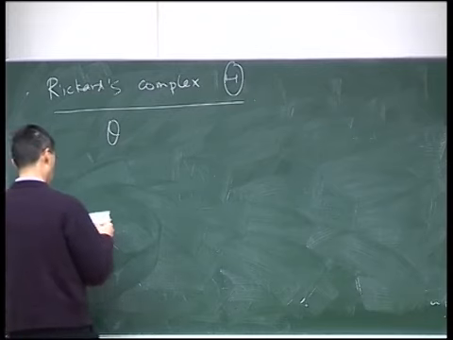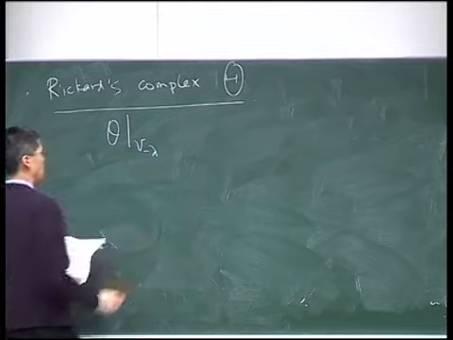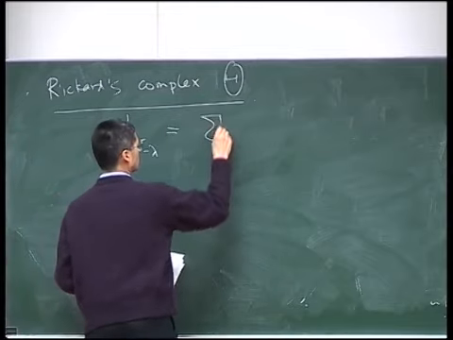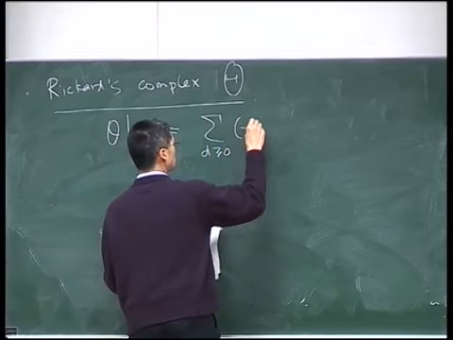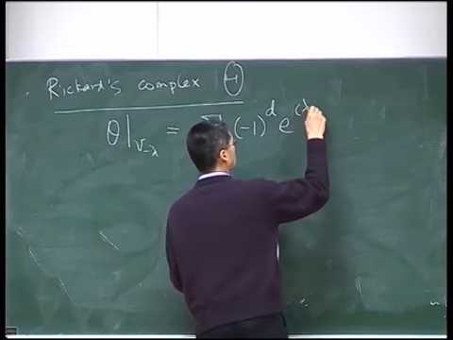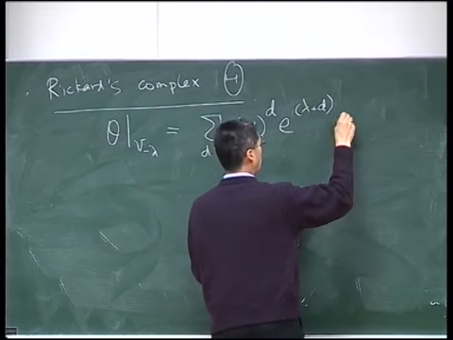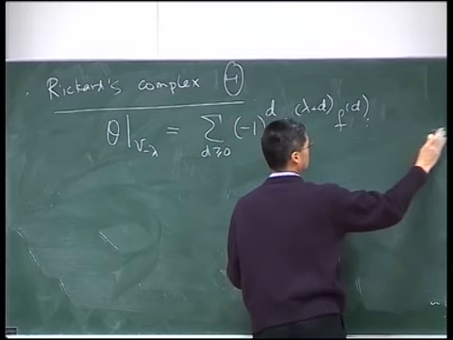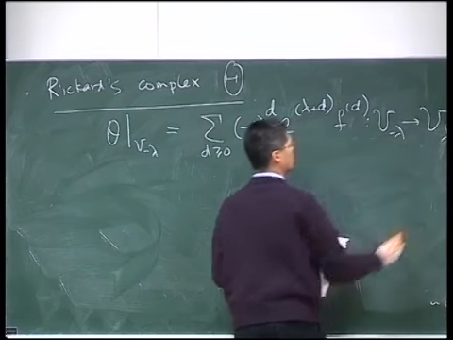But once we restrict, we can get something easier. Let's restrict to the weight space of minus lambda. Then we just have a single sum, minus 1 to the d, divided power e lambda plus d and f to the d. So this takes the weight space of minus lambda to the weight space of lambda.